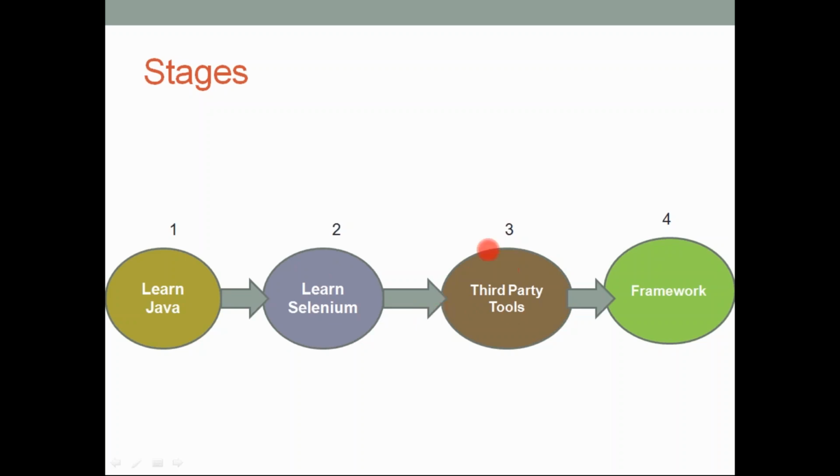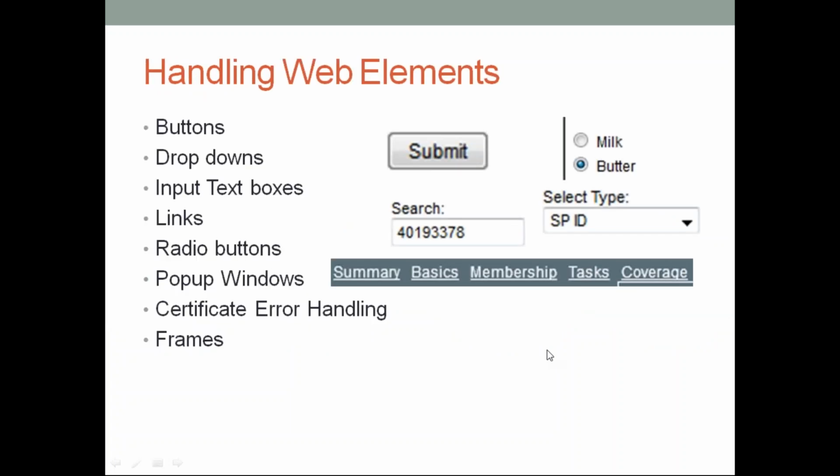We will integrate all these three stages, 1, 2, 3, and finally we will be on stage 4, which is the framework, and by that our course will end. So these are the four different stages in our training process.